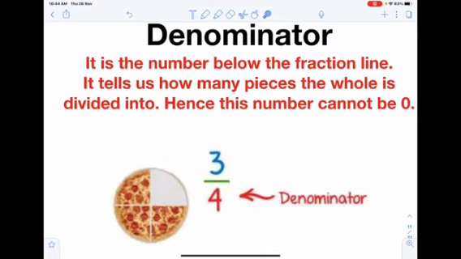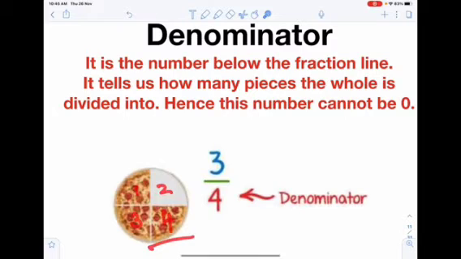As we discussed earlier, the fraction can be represented only when the whole thing is divided into equal parts. It could be 4, it could be 6, it could be 8, depending on the size of the item. But here, the denominator represents how many pieces the whole is divided into. In the same example, the whole is divided into 1, 2, 3 and 4.